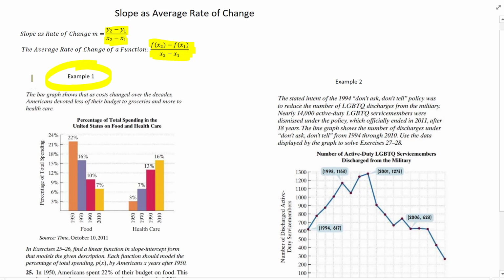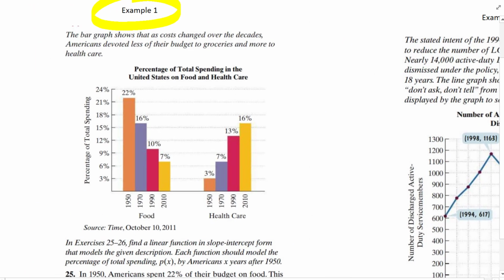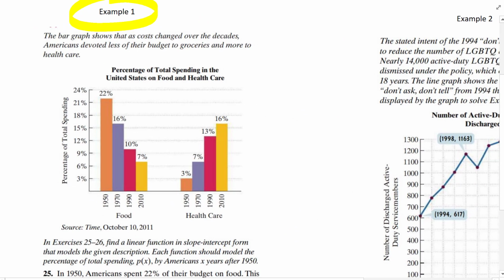So the first example, let's take a look at the first one. The bar graph shows that as costs change over the decades, Americans devoted less of their budget to groceries and more to healthcare. And we have here a table. The best thing when you have a graph is to actually read what's the x-axis.